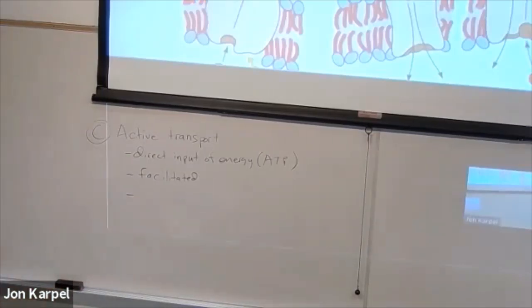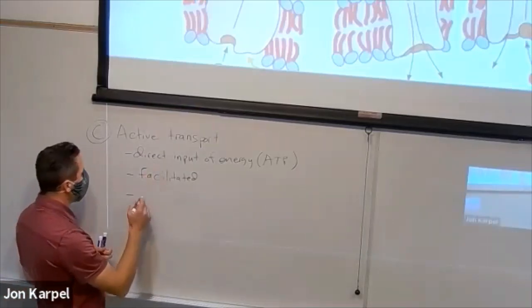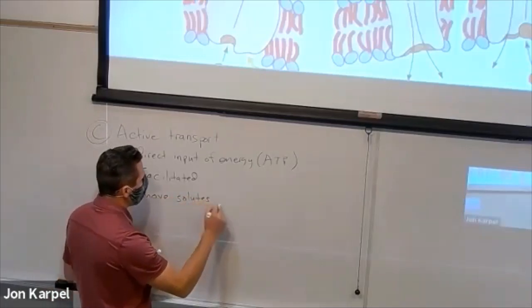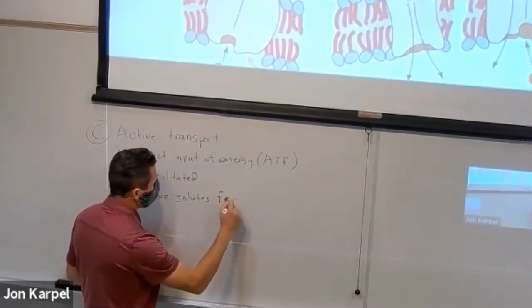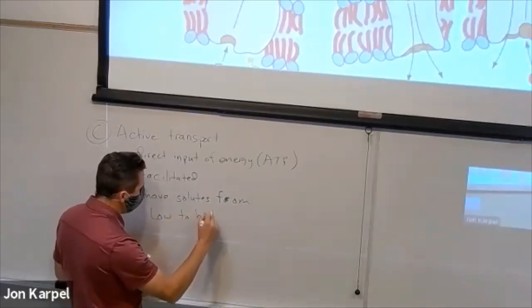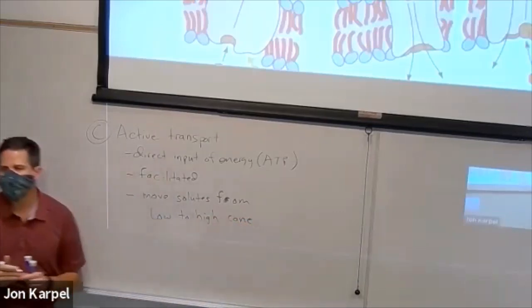Most of the time, oh, did you want to answer? That's right. It's going to go against the concentration gradient for whatever solute we're moving. So we're going to see that these enzymes move solutes from low to high concentration, which goes against the rules, doesn't it?